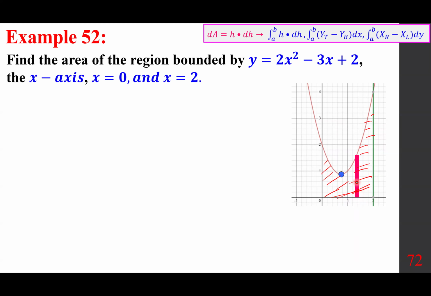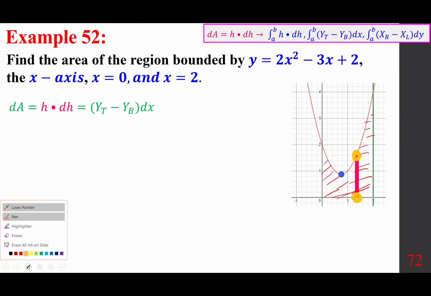If you look at this rectangle, the area is the width times the height. So what is the height? The height is the y coordinate. This point has a y coordinate, and this point has a y coordinate. And dh is y of the top minus y of the bottom.